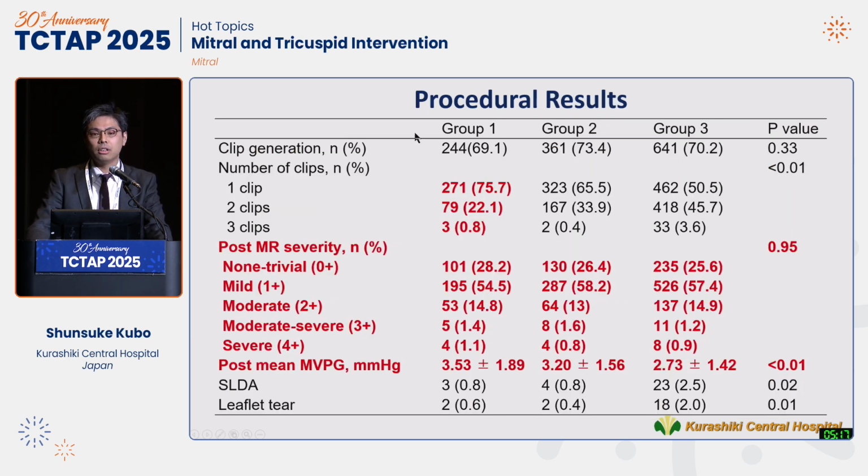This is the procedural result. Of course, patients with a small valve area require a smaller clip number. But as you can see, for post-procedural MR severity, there is no significant difference between the 3 groups. But of course, the post-procedural mean pressure gradient is significantly higher in patients with a small valve area.